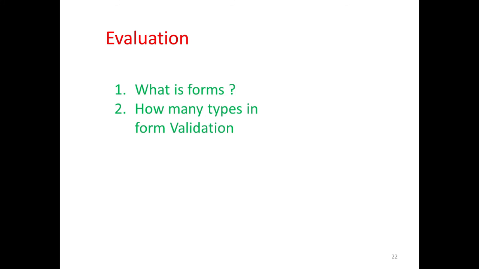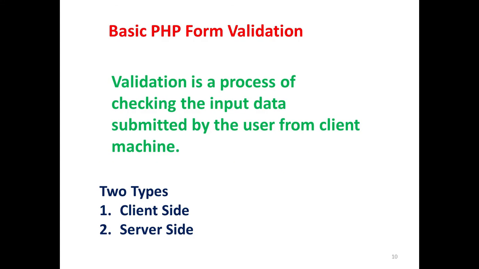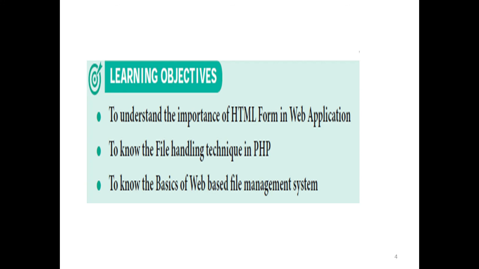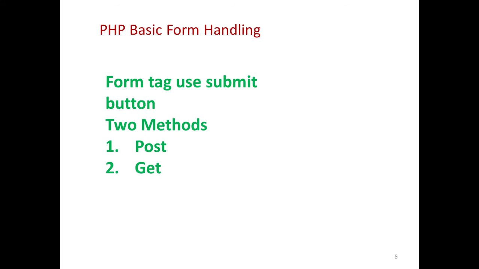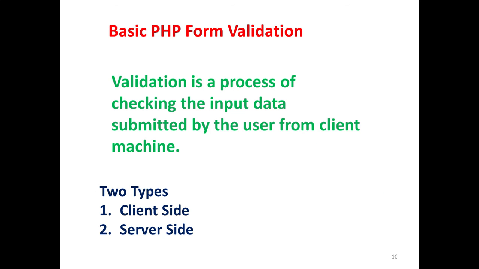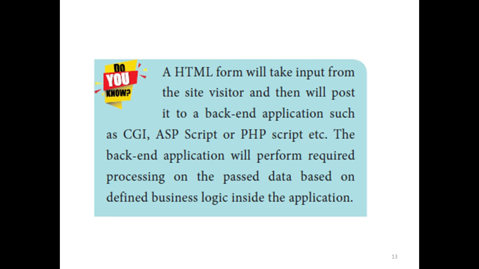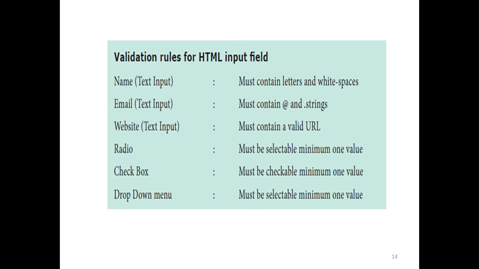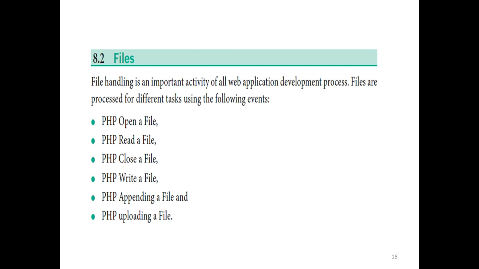Evaluation. Before I conclude the topic, once again, these are the topics we dealt with in this lesson: HTML form control, form page example, form handling, post method, get method, form validation, two types, client side, server side, client side validation, server side validation, what is CGI or ASP, validation rules for the HTML input field, example for client and server side validation, then output for client validation, important topic file.